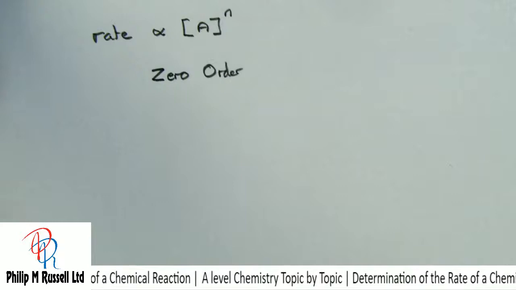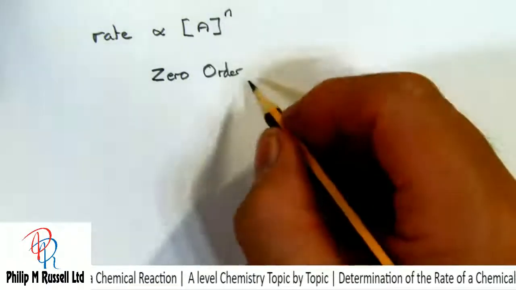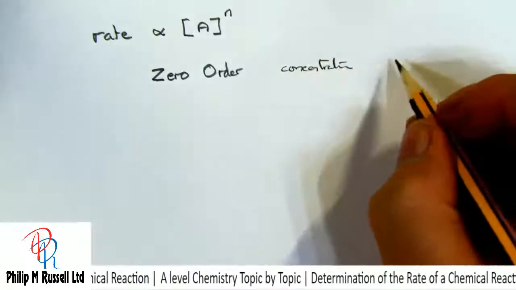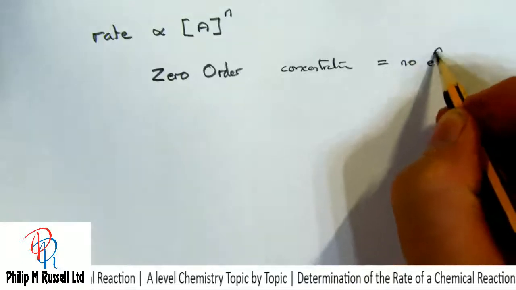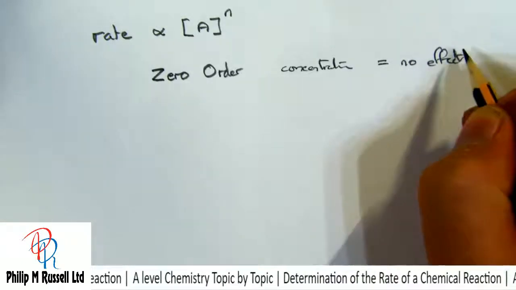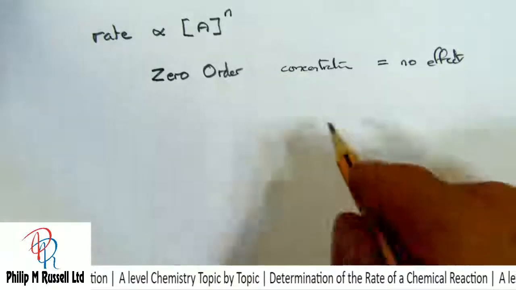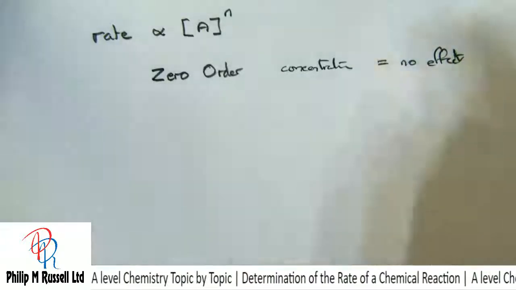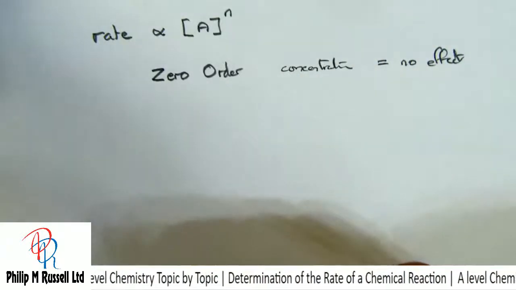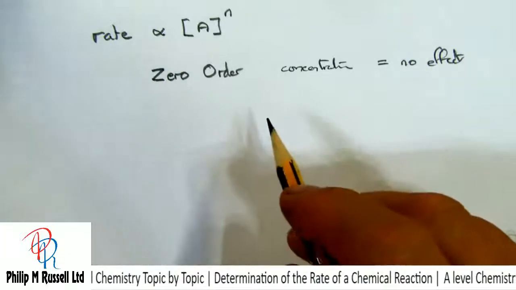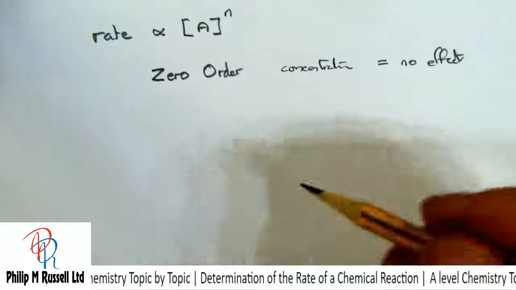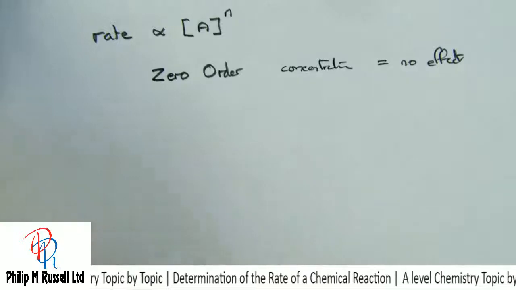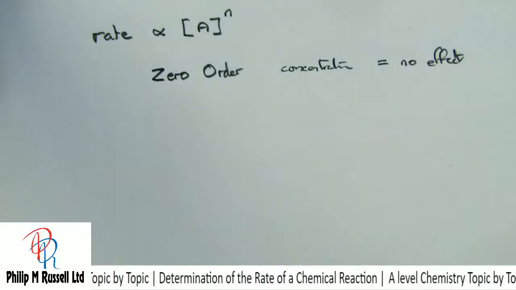Well, a zero order is that when the concentration here has no effect, in a stern voice there for you, it has no effect on the rate. So you can bung more in, take it out, it seems to have little effect. Because basically, if we think of any number raised to the power of 0 is going to be 1. The concentration, in other words, does not have any effect on the rate.